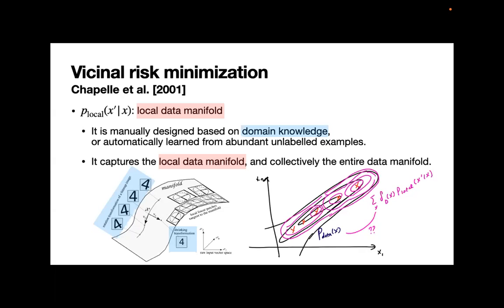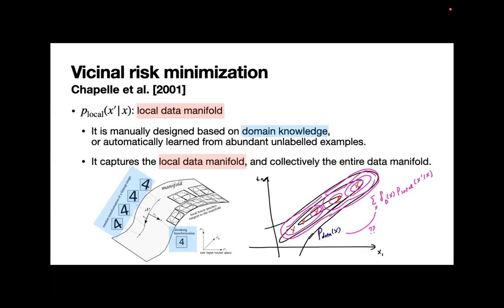And I'm going to talk about automatically learning it later. But based on the domain knowledge, we have to design this local data manifold so that whatever sample we draw from this distribution given X is a minimally changed form of this X, so that the actual identity or the content doesn't change, but at the same time, it still looks like something that is reasonable.